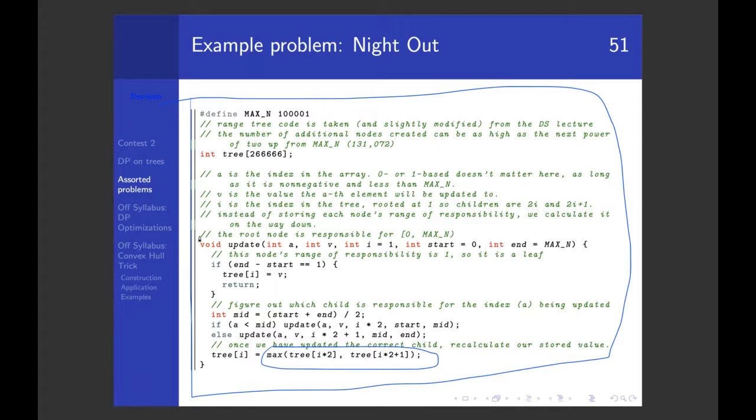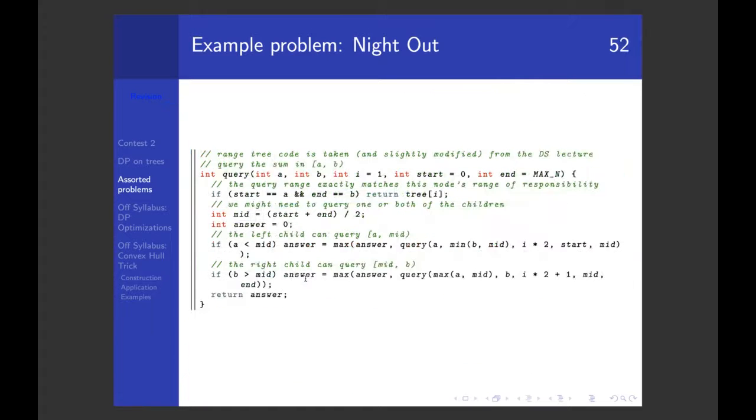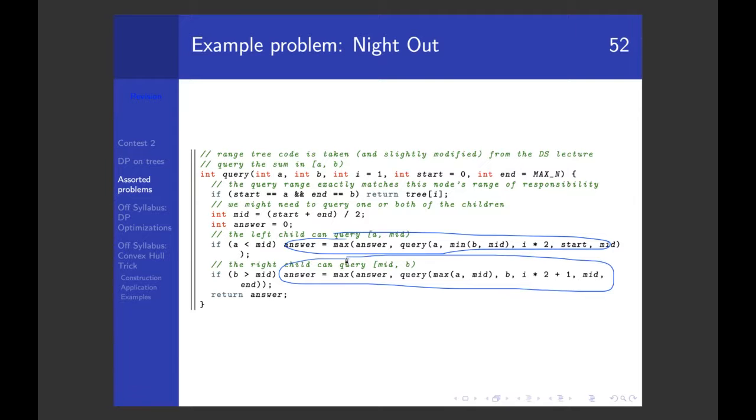If you're not sure, they're good to revise in the first lecture, but this is the code from there. This is our query code. Again, the only difference is using max instead of sum. Otherwise, this code is copy paste from lecture 2, sorry. So again, to review segment trees, go over lecture 2, or read one of many online resources.